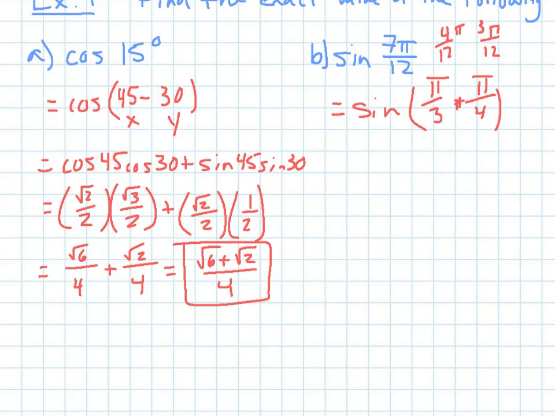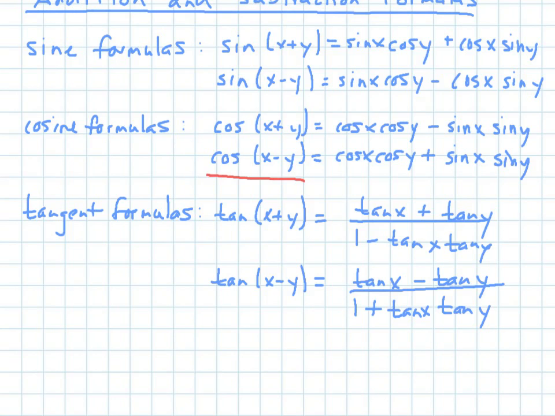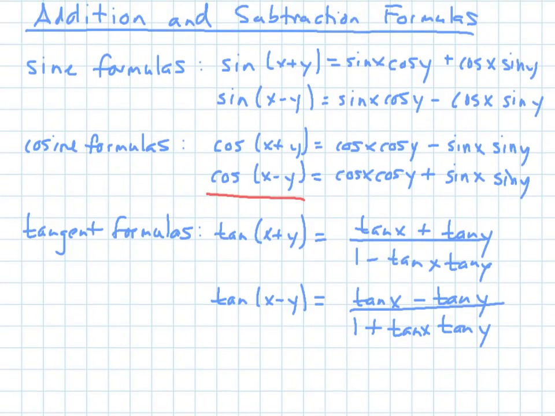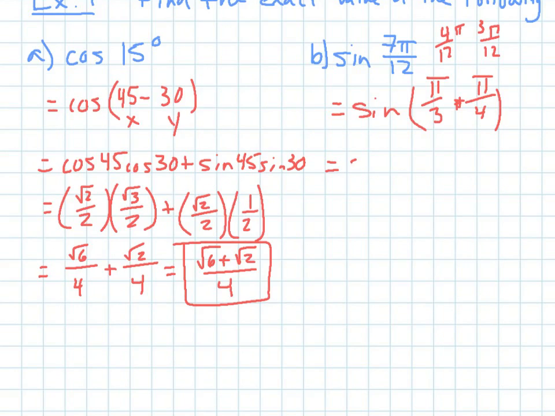I know what pi over 3 and pi over 4 are on the unit circle. So now I can use my sine addition formula, which is going to be sine of x plus y equals sine x cosine y plus cosine x times sine of y. So remember, this is your x, that's your y.